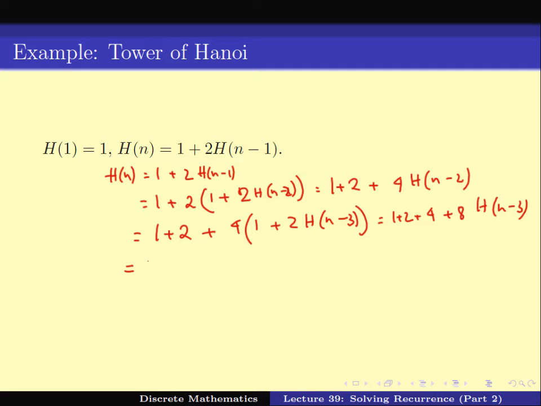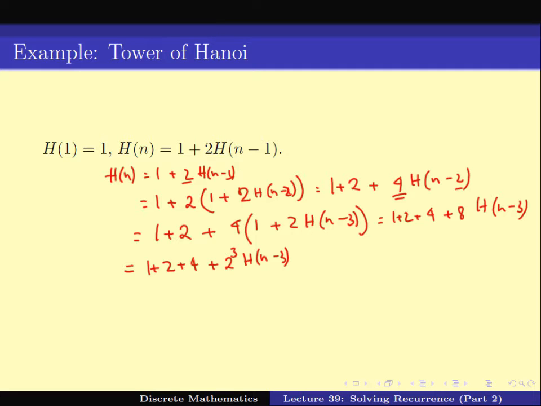So let's write this one here. 1 plus 2 plus 4 plus, what is 8? 8 is 2 power 3 Hn minus 3. Note that here it was also n minus 2, power n, 2 power 2, and I had 2 here. Here 2 power 1 and I had 1 here.